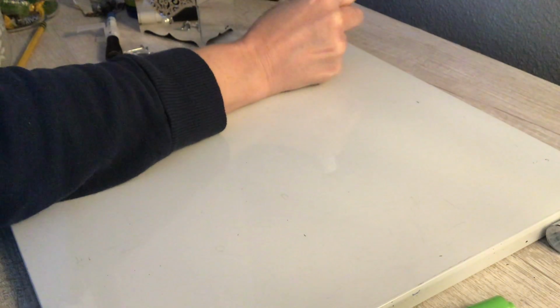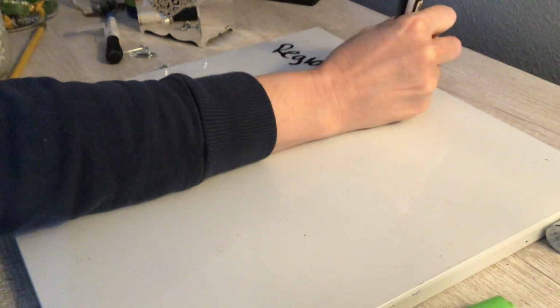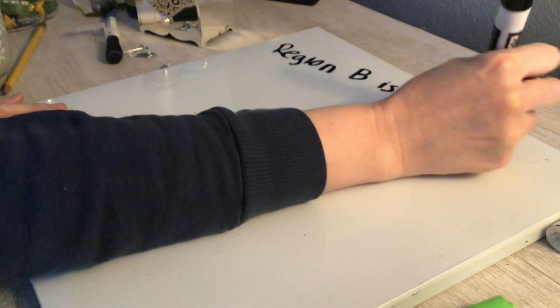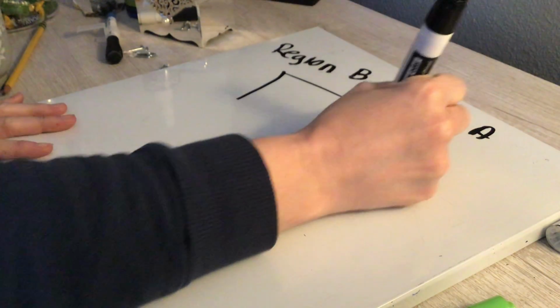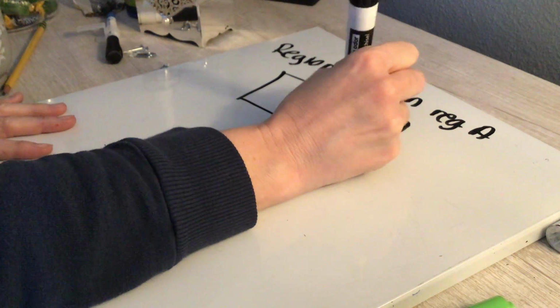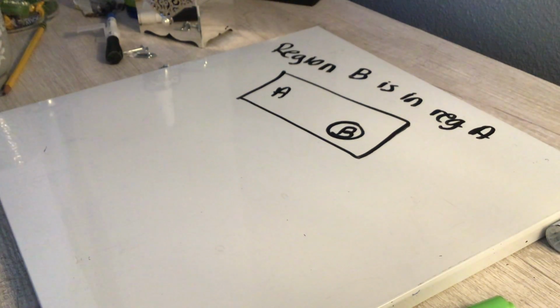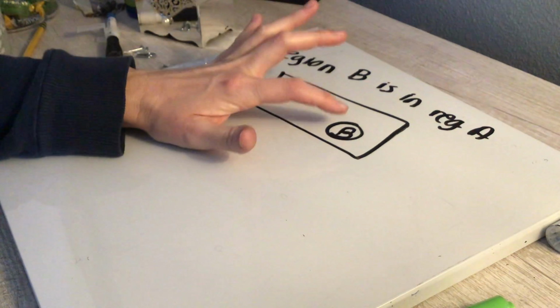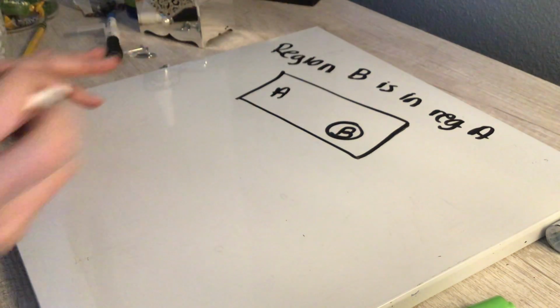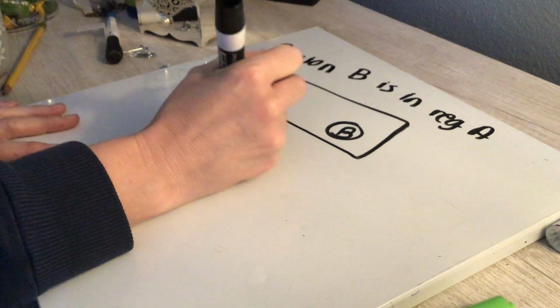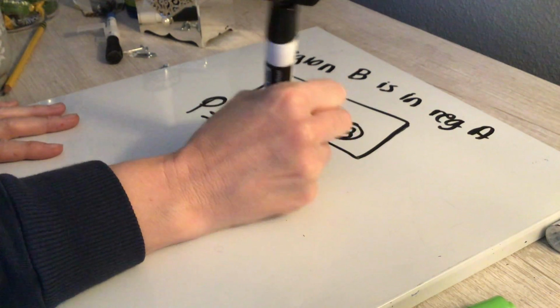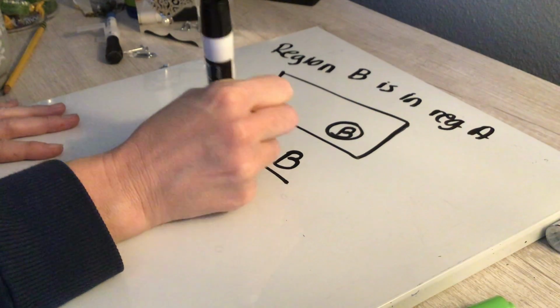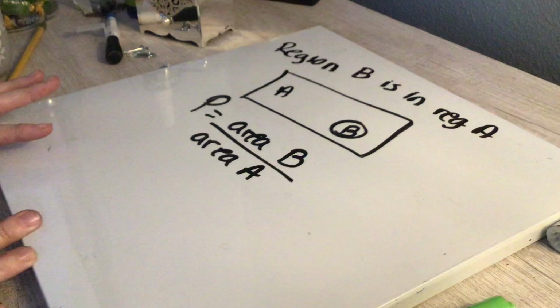So if you have two regions where one is contained in the other, region B is in region A. Okay, so here's region A and here's region B. So if you toss a ball or a beanbag, the probability of it going through B is going to be a capital P, and it's going to be the area of what you want over the total area, okay?